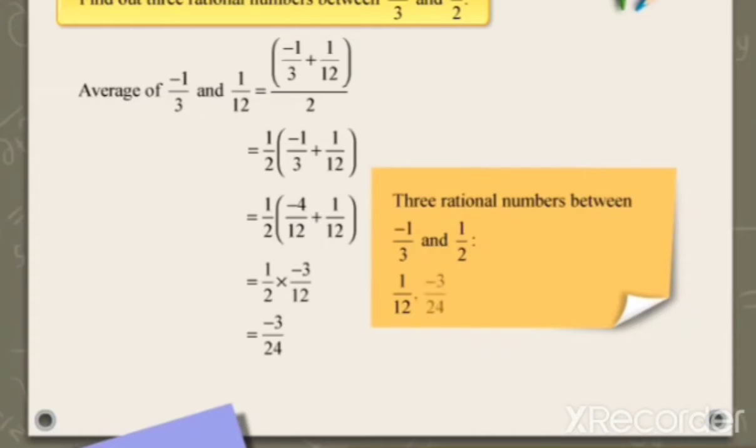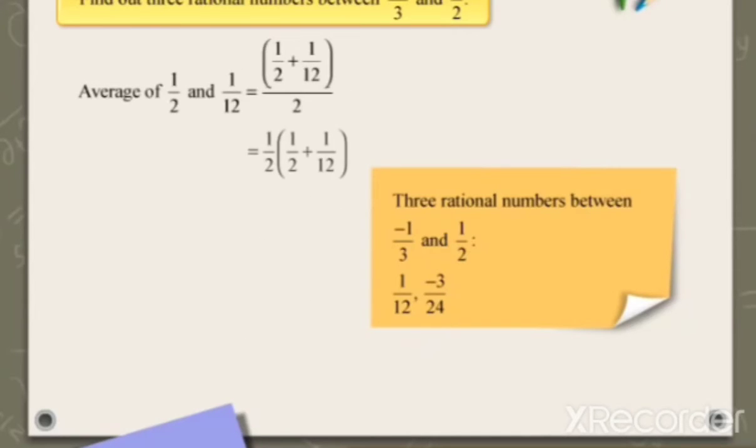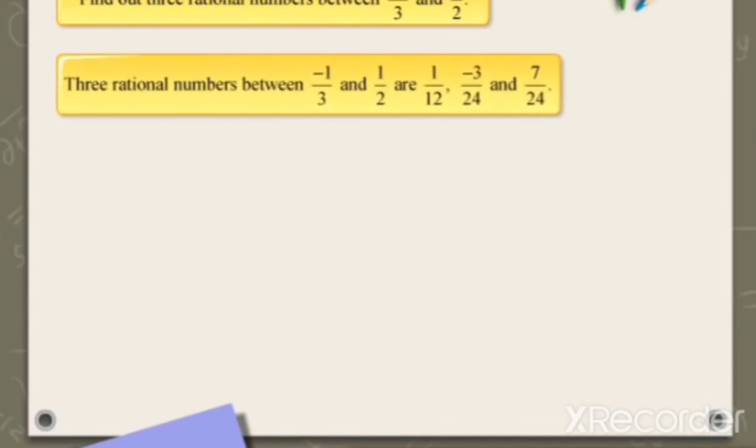This is equal to -3 upon 24. Again, let's find out the average of 1 upon 2 and 1 upon 12 to get a rational number between these two numbers. This is equal to 7 upon 24. Thus, three rational numbers between -1 upon 3 and 1 upon 2 are 1 upon 12, -3 upon 24, and 7 upon 24.